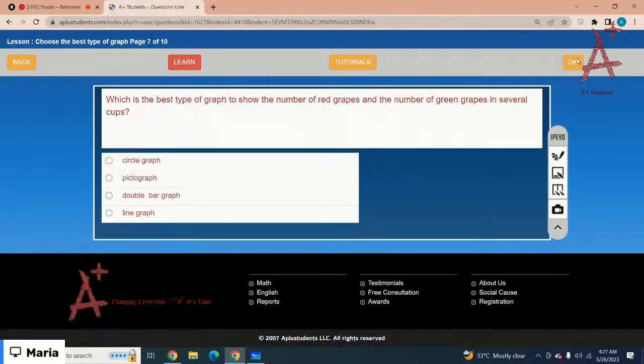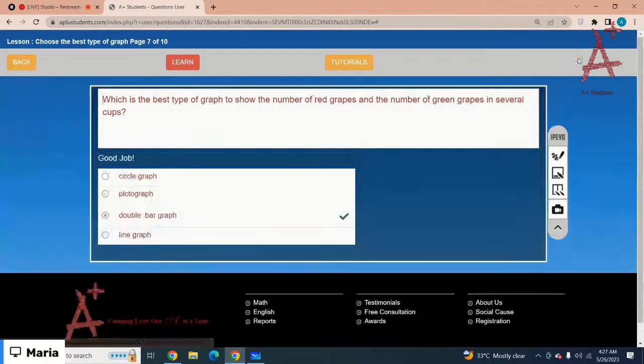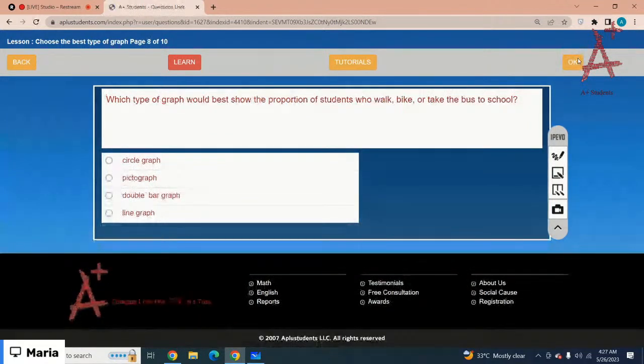Okay, which is the best type of graph to show the number of red grapes and the number of green grapes in several cups? It would be double bar graph. Whenever you have more than one value, you can use double bar graph. Okay, what type of graph would best show the proportion of students who walk, bike, or take the bus to school? So, which is the correct option?